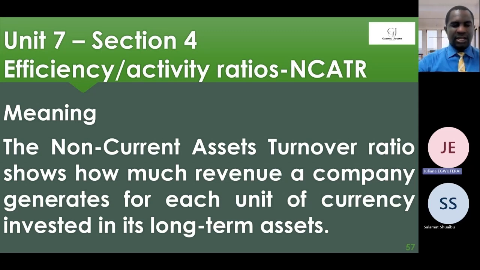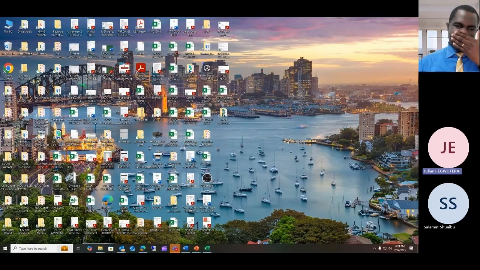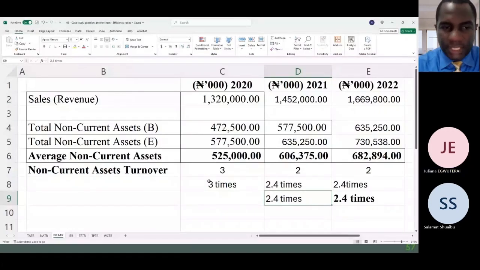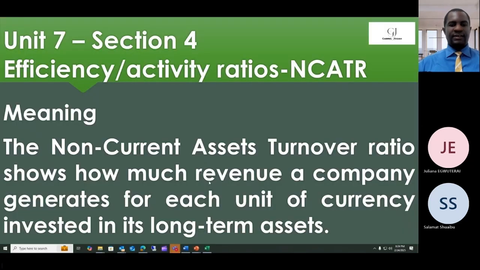So revenue was generated 3 times the total amount of non-current assets. So if your non-current asset is 1 naira, revenue was 3 naira above your non-current assets. That's simply what it means.